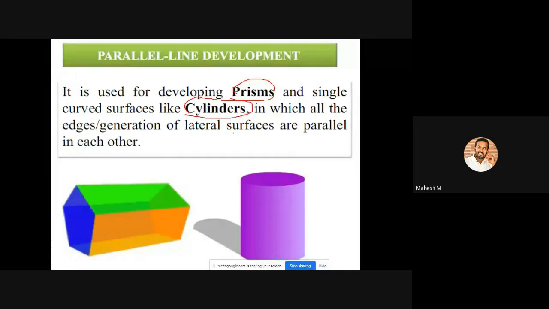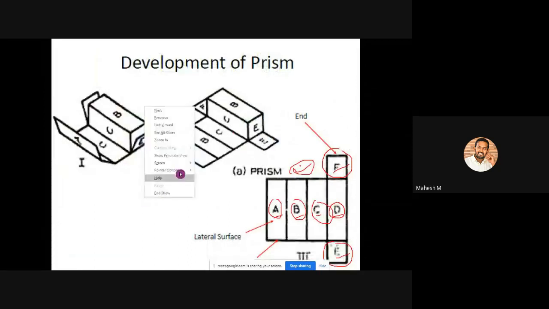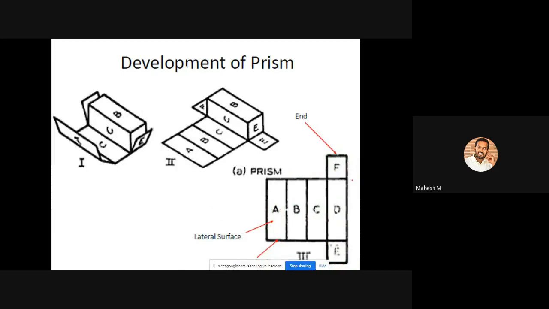Okay, we have already seen this. Look at this. This is our final development for a rectangular prism. So look at the lines. This particular line and this particular line and this one and this one and finally this one. These lines are called longer edges. You know it very well. These longer edges are parallel to each other.